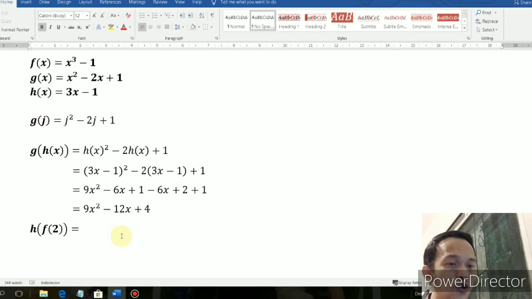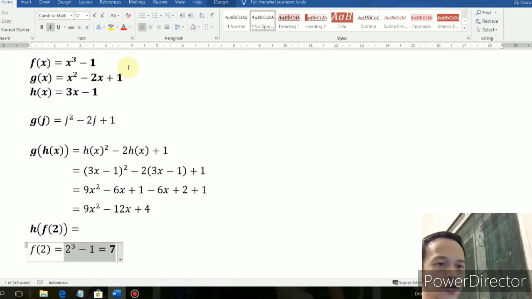So in order to get the final answer, I need to find first the value of f of 2, right? The value of y of the first function when x equals 2. So let's find it first. What is f of 2? I substitute x of the first function by 2. In the end, I find 7. So the value of f of 2 is 7.